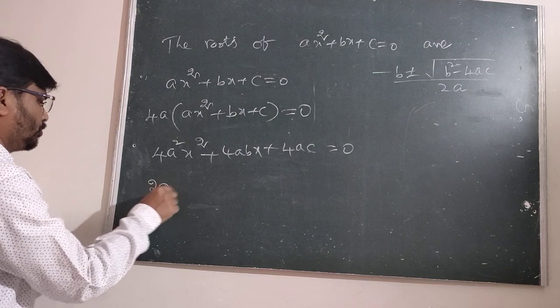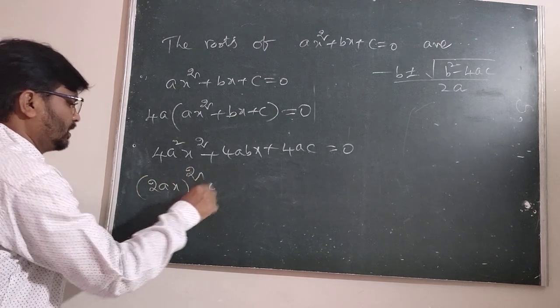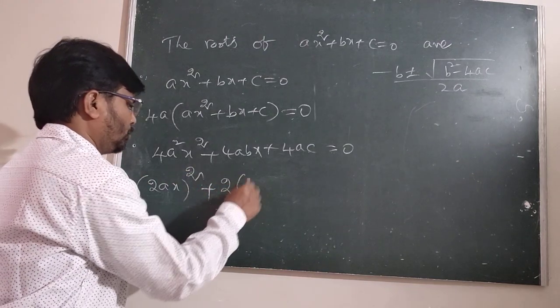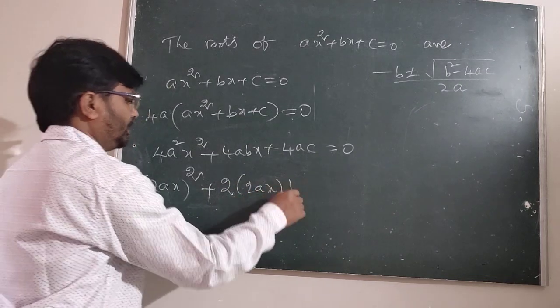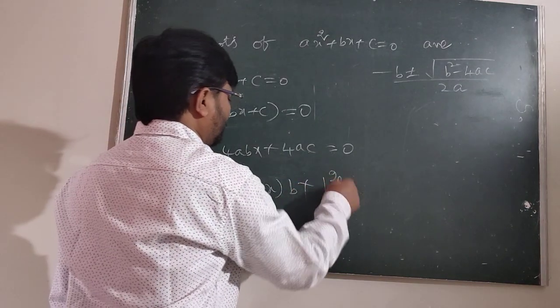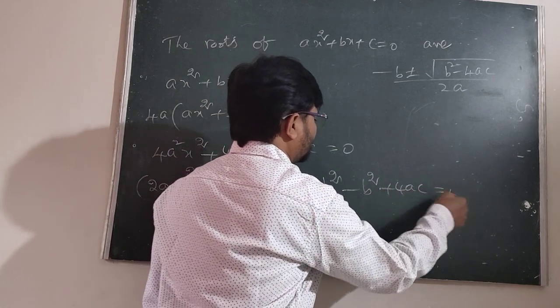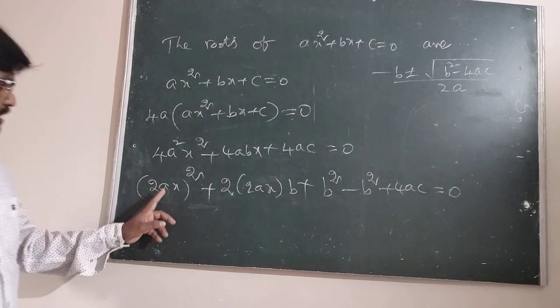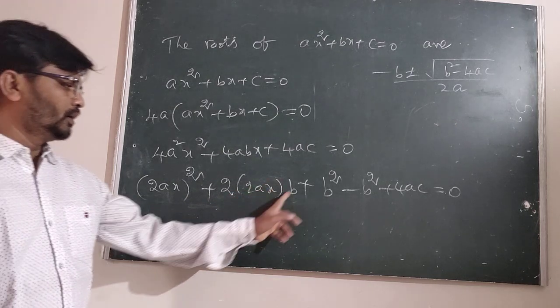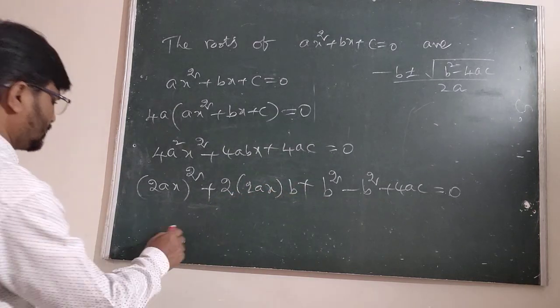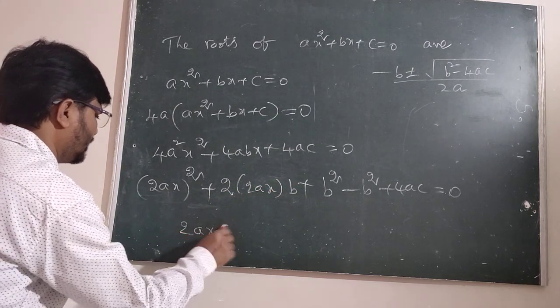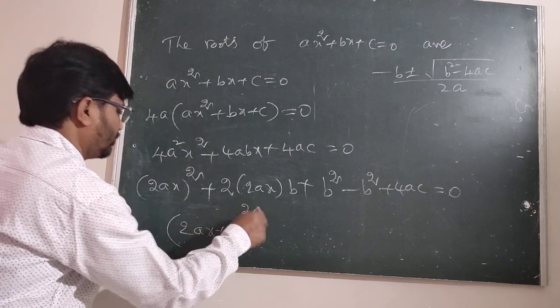Now this is 2ax whole square. Now the middle term can be written as 2 into 2ax into b. Now we take plus b square minus b square plus 4ac. Now this is compared with a square plus 2ab plus b square. Now this can be written as 2ax plus b whole square.